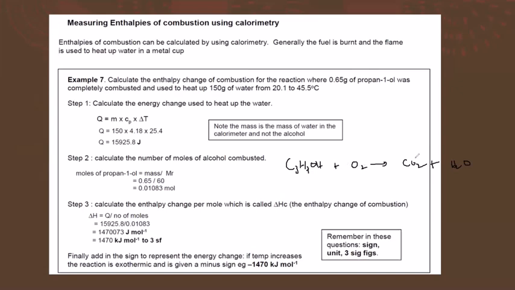At room temperature, the propanol is liquid, carbon dioxide is gas, and water is liquid. But practically, when you're burning a substance, the temperature is high, so this water, instead of being produced in a liquid state, might be produced in a gaseous state. Then this water actually absorbs energy which is released during the reaction. So you will not get the accurate answer, and the enthalpy change value will be different.